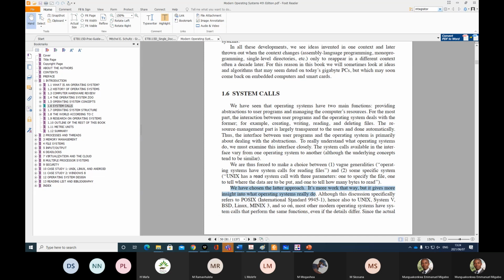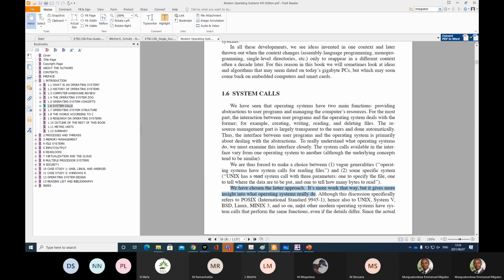But within the category of Unix operating systems, because it's a family of operating systems, we have a couple of very popular operating systems other than Linux. These include POSIX, System 5, BSD, Minix 3, etc. And of course Linux, which is the one we will study.